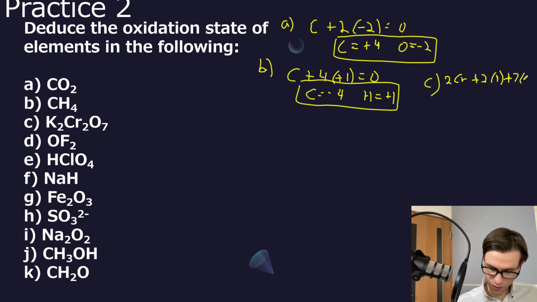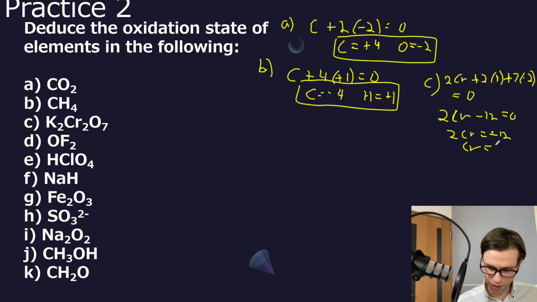They are minus 2 each, usually. This will equal 0. So we'll have 2 chromiums plus 2 minus 14. It's minus 12. So 2Cr equals plus 12. Cr equals plus 6.